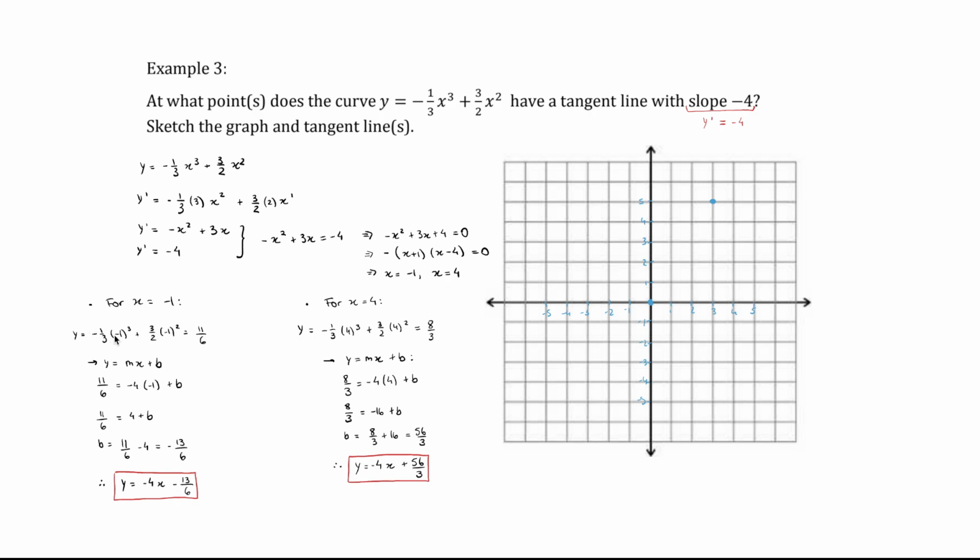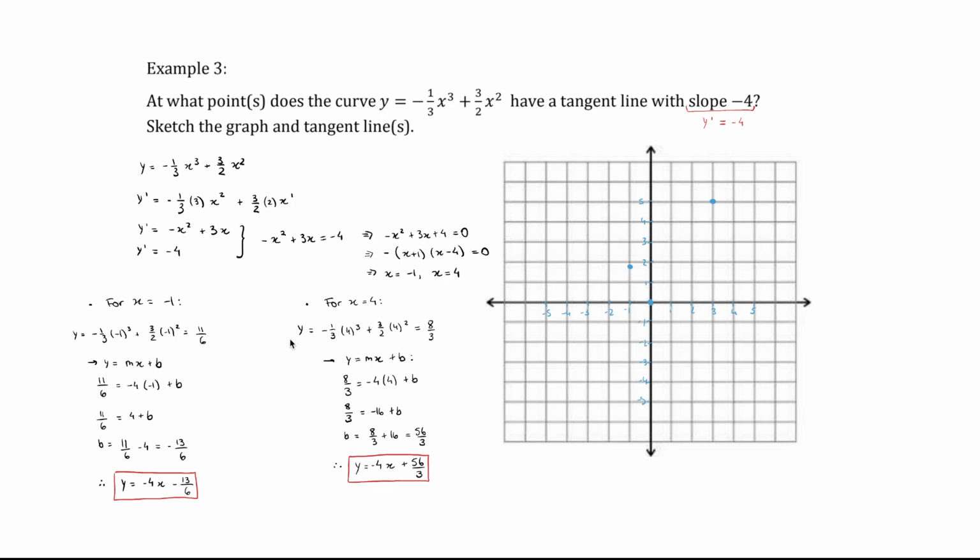And we have the point negative 1, 11 over 6. So that's going to be negative 1, approximately 11 over 6. If we put it into a calculator, it's going to be 1.8, so close to 2, right? Negative 1, 2. So we're going to have a point more or less around that area, close to 2.